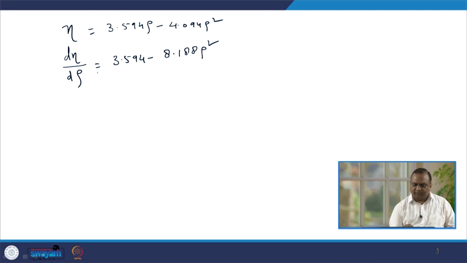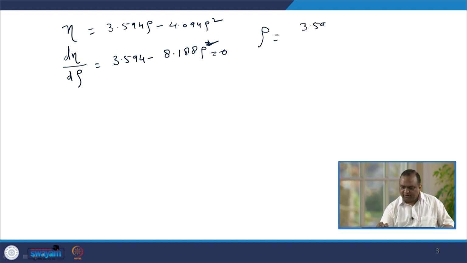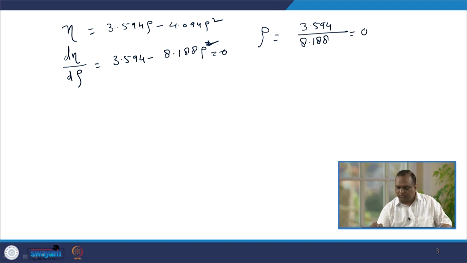Okay, when we differentiate, this rho square will not be there, only rho. So, when we put this equal to 0, we will get the value of rho as 3.594 divided by 8.188, and this is going to be equal to 0.439.